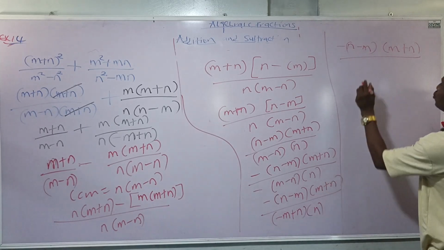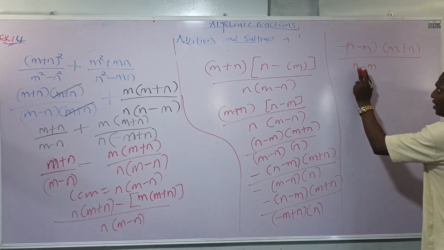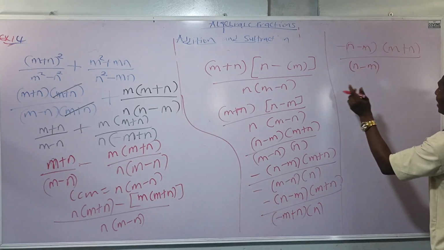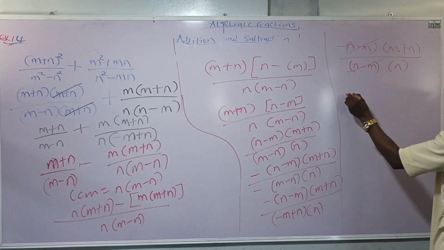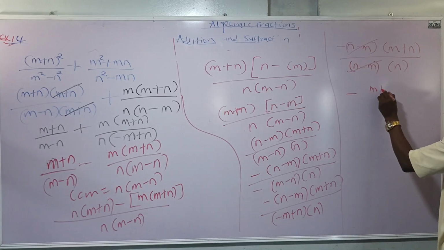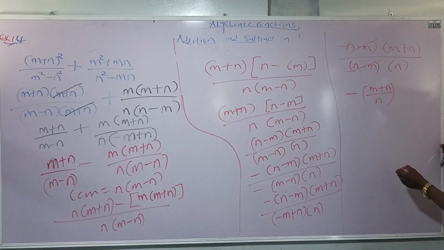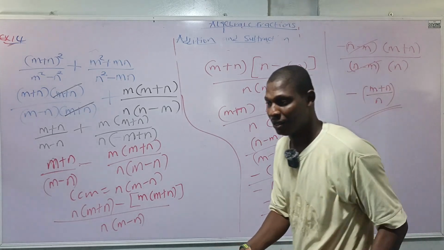This can be rearranged to give me n minus m, because plus n minus m, since n is the first term, the positive sign can be neglected. Bracket n. This can therefore cancel this, and I'll have negative (m plus n) all over n. I can choose to enclose this, or I can still choose to neglect the brackets.